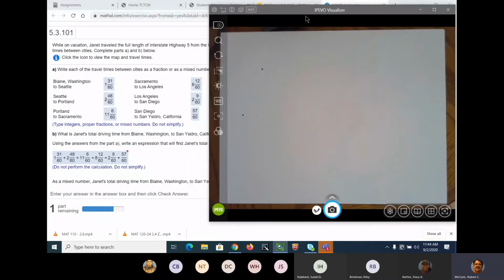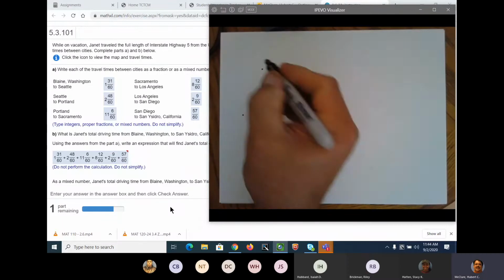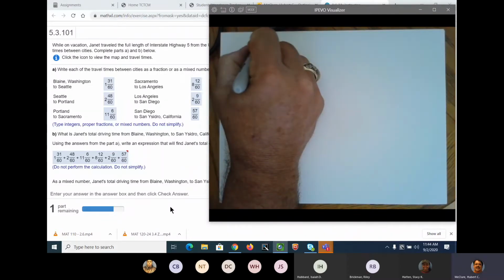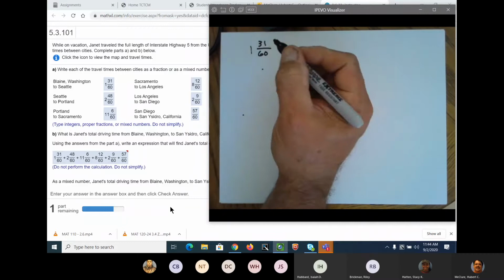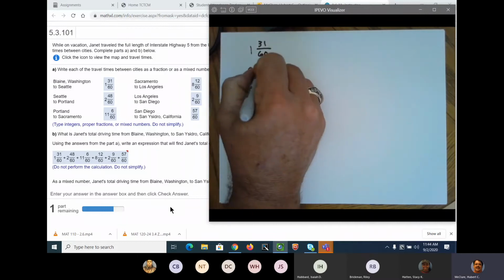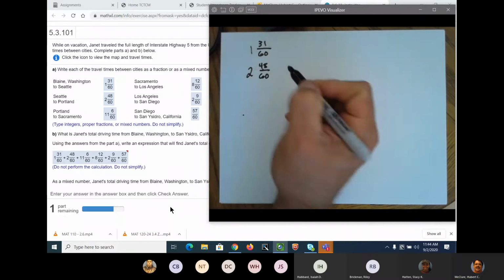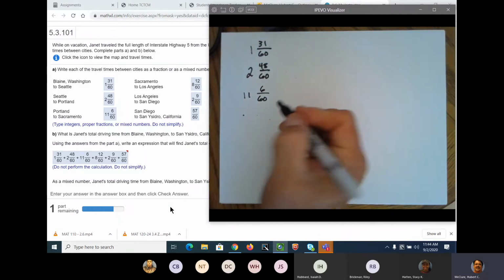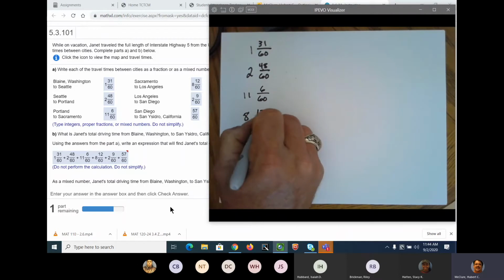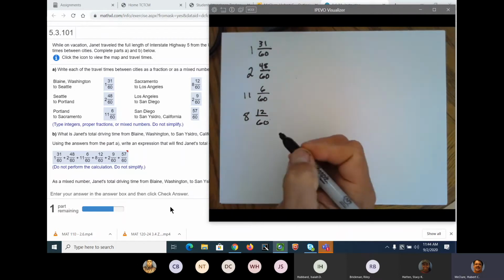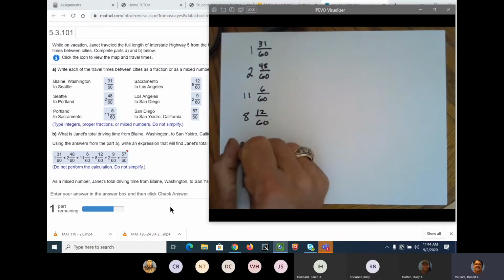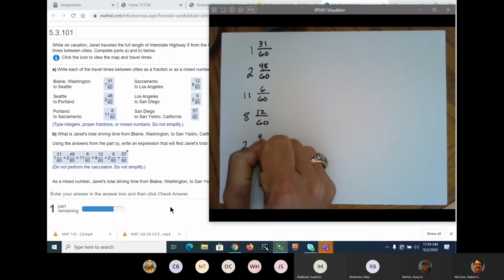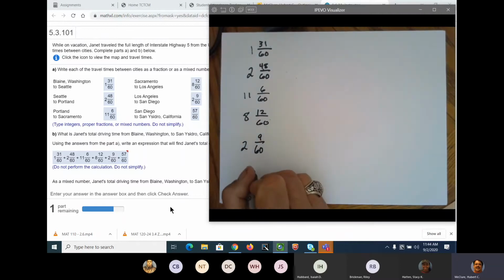Okay, so they've got 1 and 31 over 60, 2 and 48 over 60, 11 and 6 over 60, 8 and 12 over 60, 2 and 9 over 60, and 57 over 60.